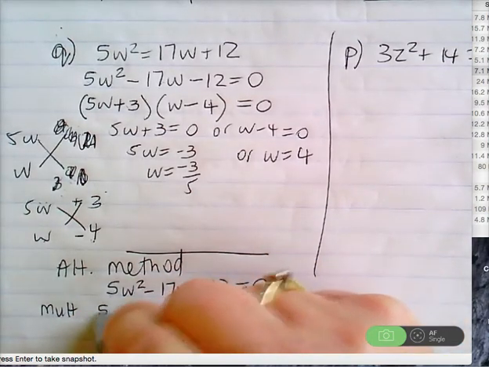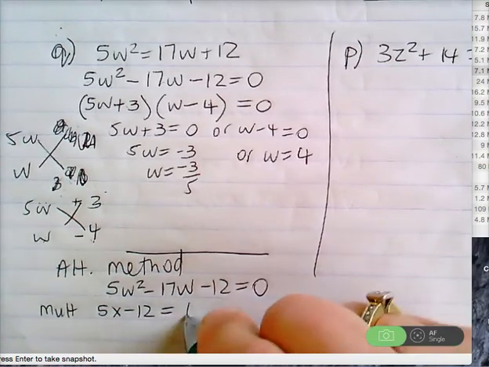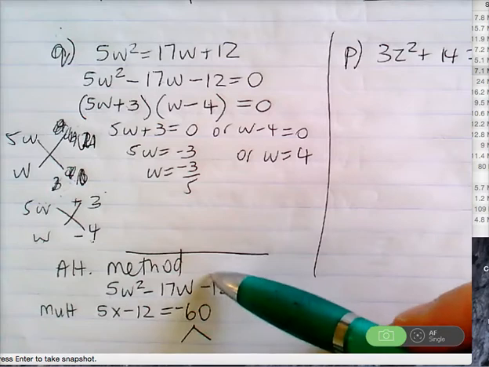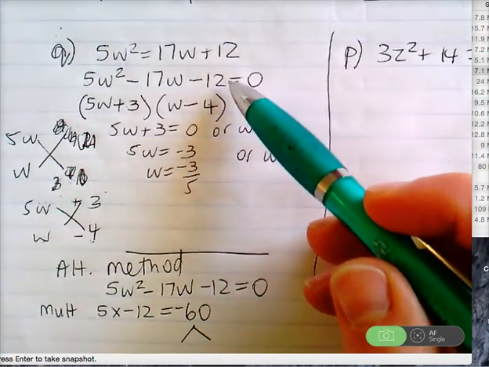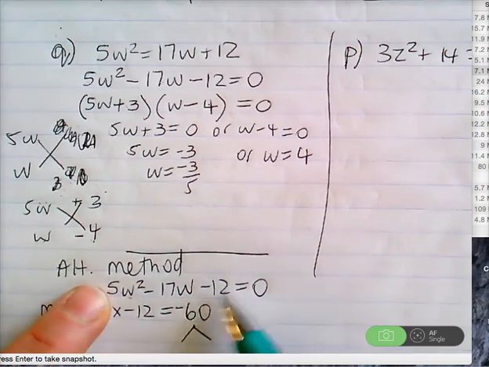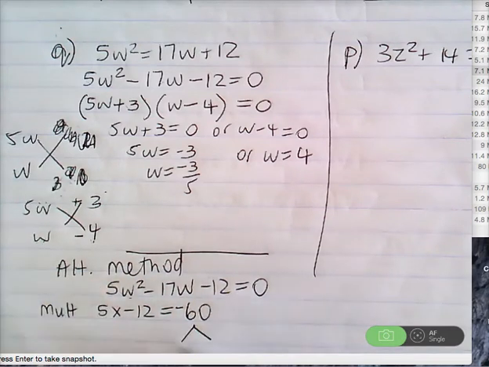And you go 5 times negative 12 is negative 60. And instead of finding the factors of negative 12 like we did there, because that's not a 1, you go 5 times the constant term is negative 60. Then you need the factors of negative 60 that add up to negative 16.